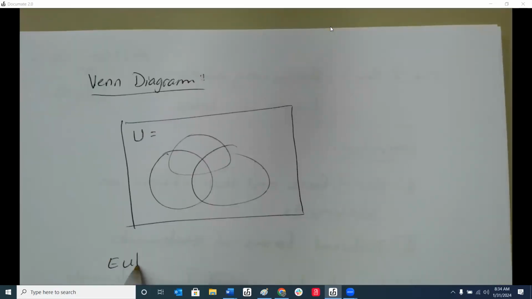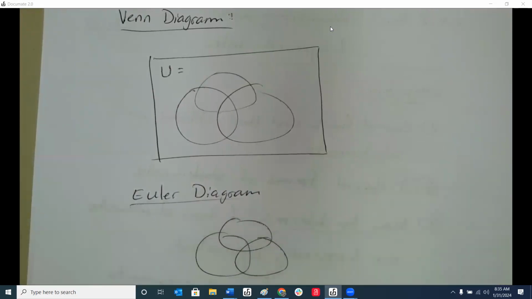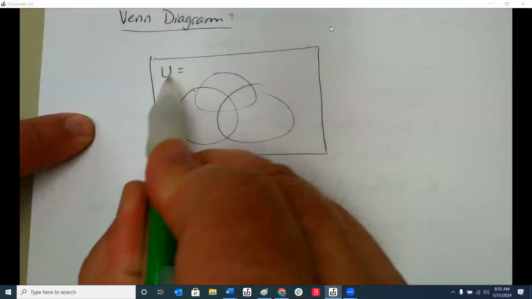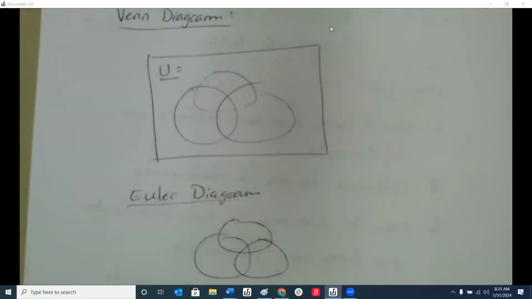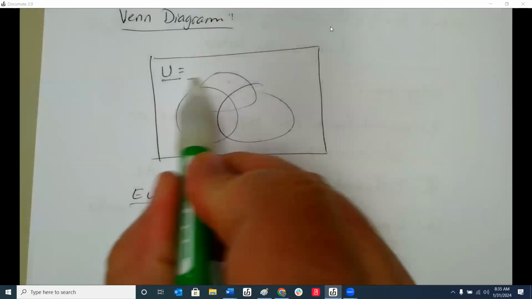An Euler diagram only deals with the statements. There is no other anything outside it. In other words, when you do an Euler diagram, you don't have to put a box around it. And that's what differentiates the two. If you use a Venn diagram, you have to state what the rest of the universe is. Whatever is not included inside these circles or their overlap, you have to put there.